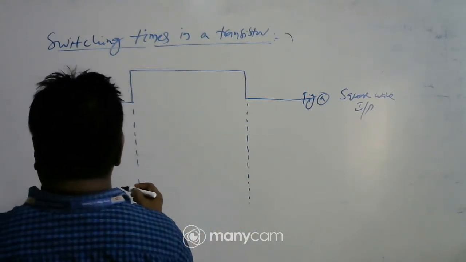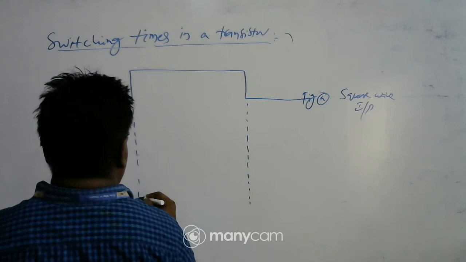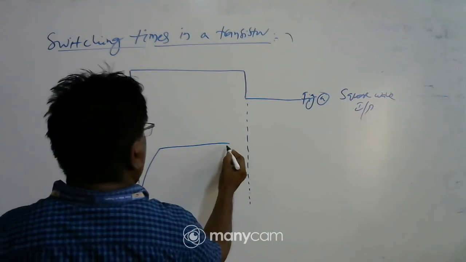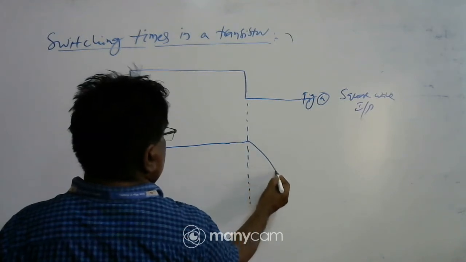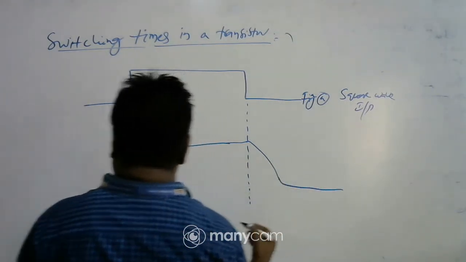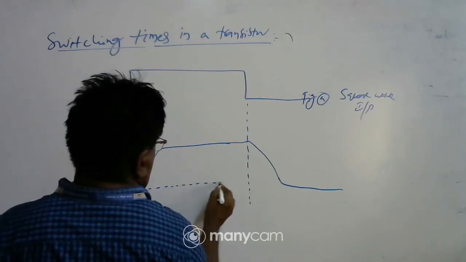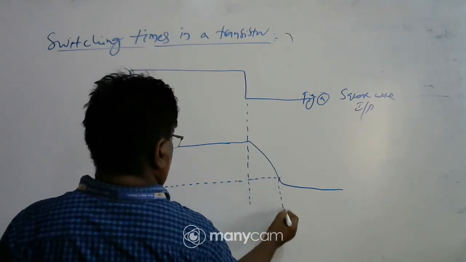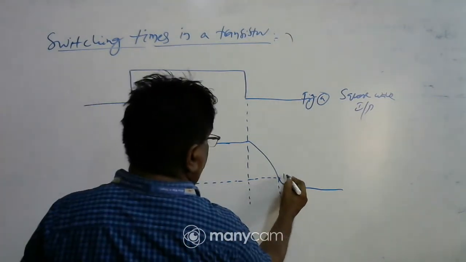So here, up to here constant, after that reduced. So here to here, this is the 10%.